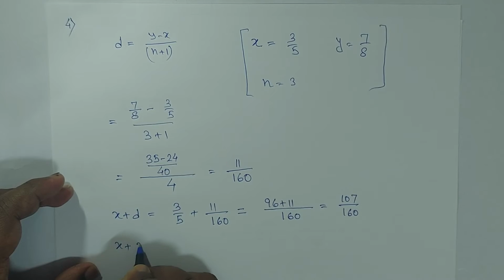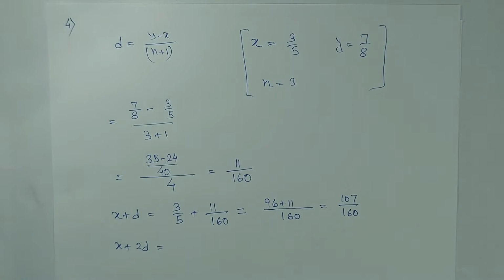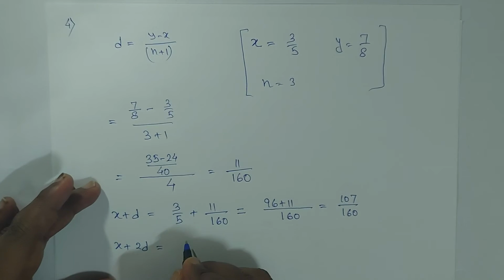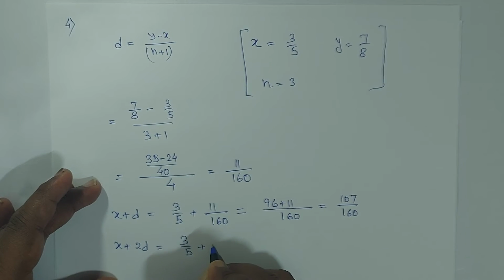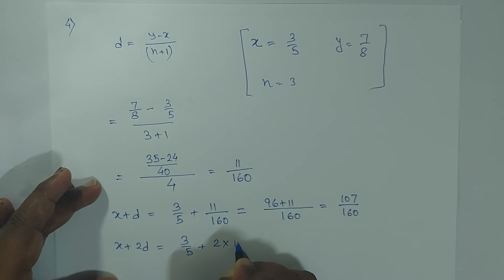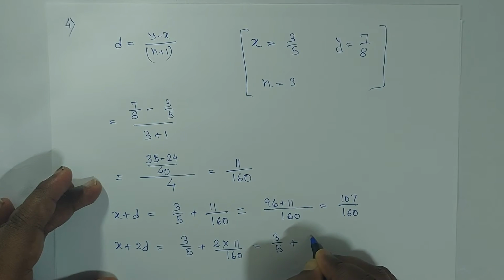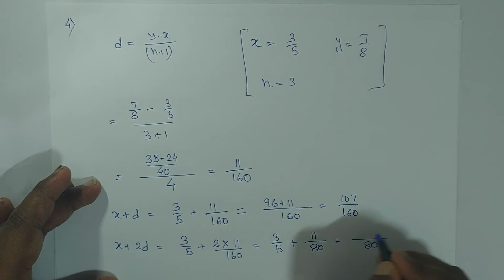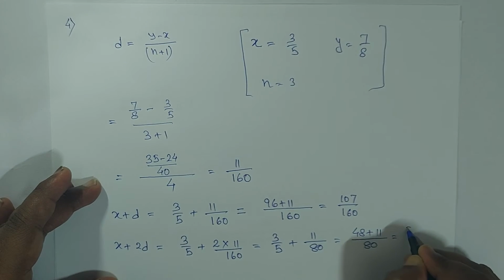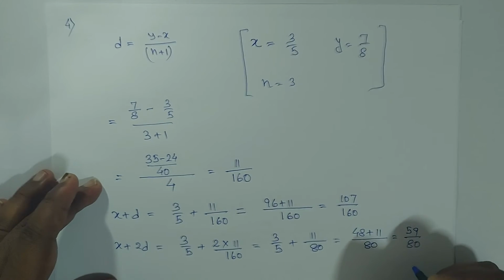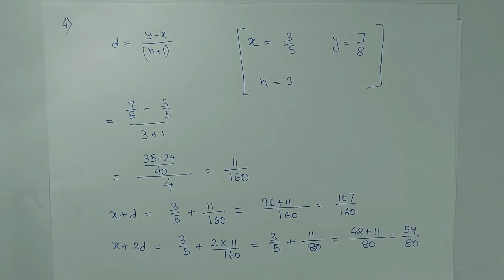Next is x plus 2D: 3 by 5 plus 2 into 11 by 160, which is 3 by 5 plus 11 by 80. This is 48 plus 11 over 80, equal to 59 by 80.